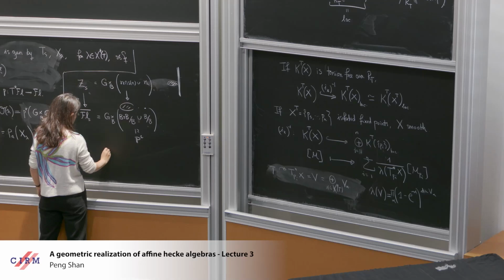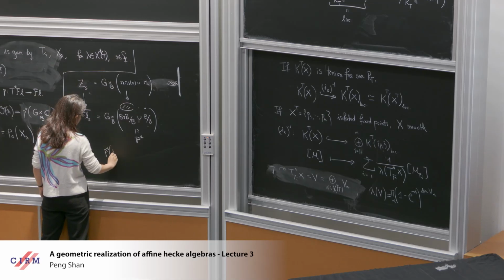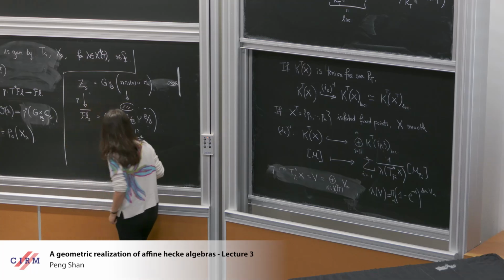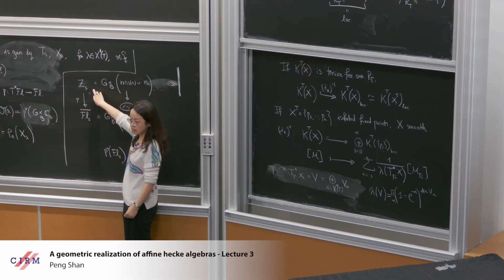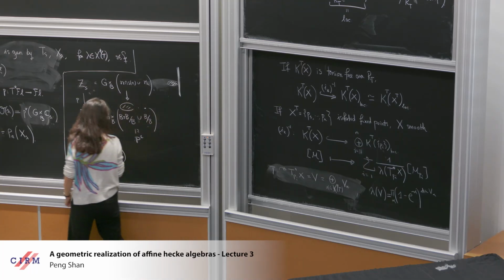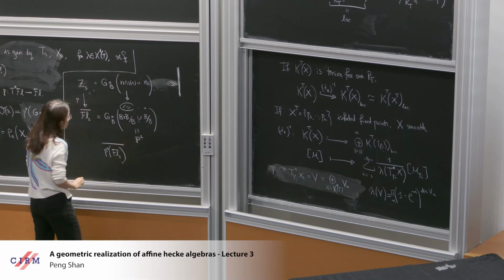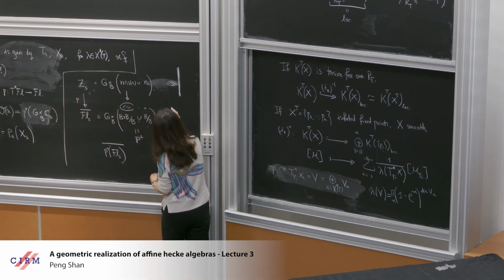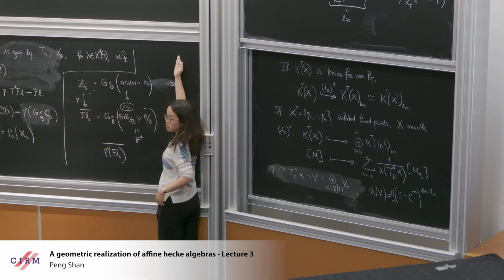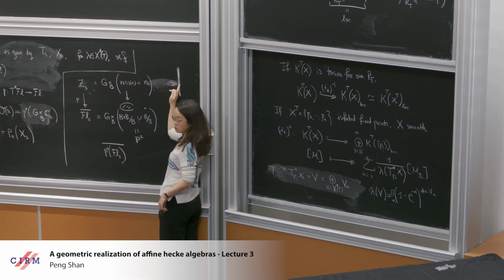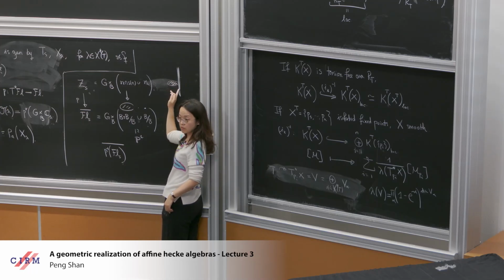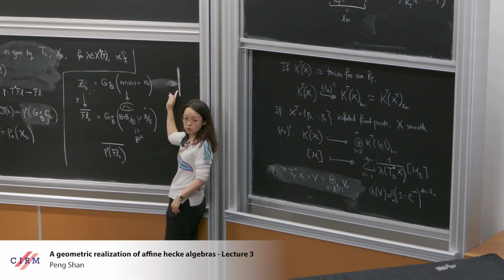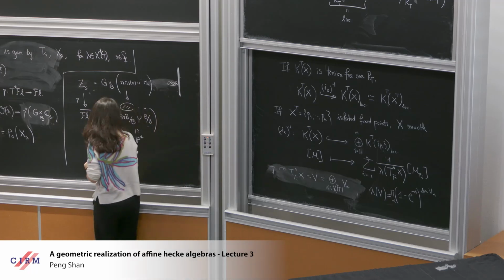So you take P inverse of FLS, and then you take its closure inside ZS. So in this picture, first you just take this part, and then you take its closure, so you just get P1. This is something smooth.